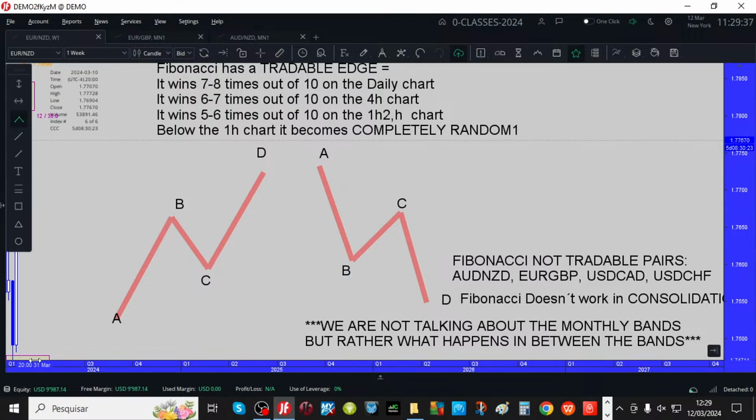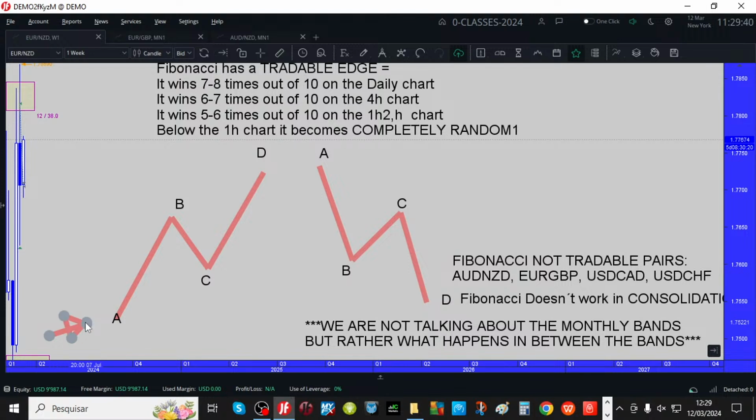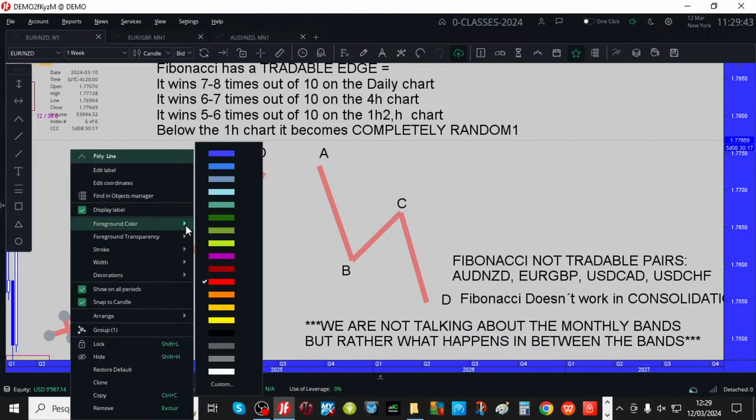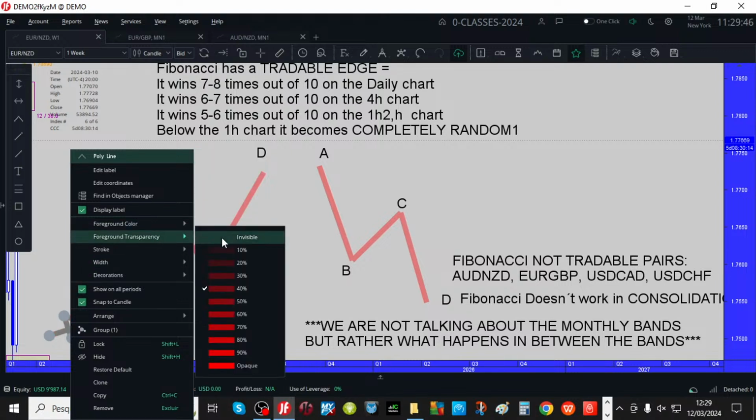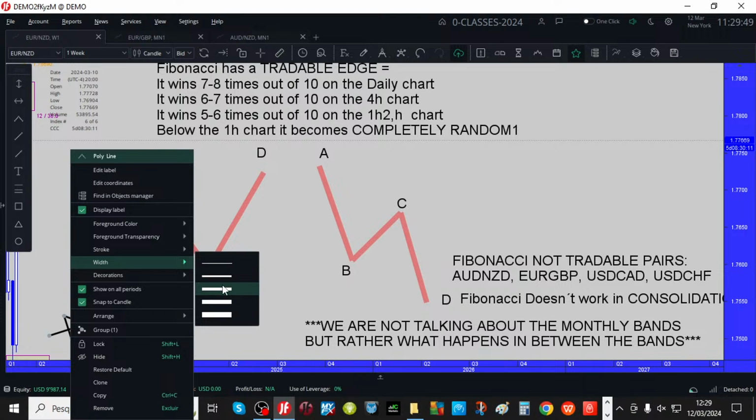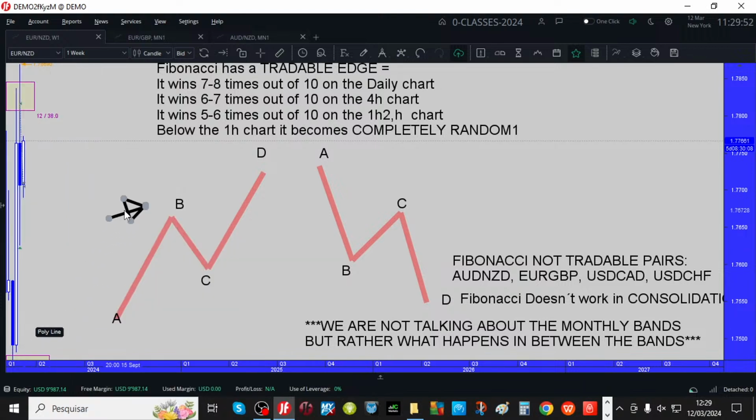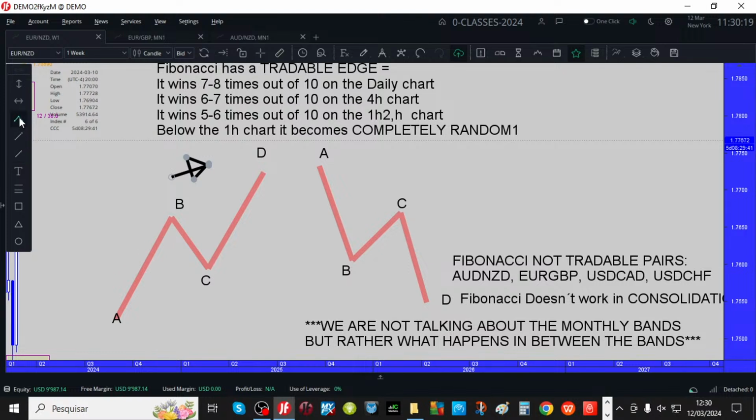In an up Fibonacci sequence, the A is the first low, the lowest low, the absolute low, the starting point of a pattern. The B is the first high as soon as possible after the A. The C is the lowest point, not necessarily a low, it could be a low, but it's not necessarily, it's the lowest point inside the AB boundary before the market hits the appropriate D extension.